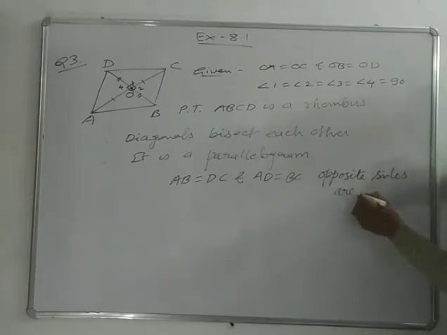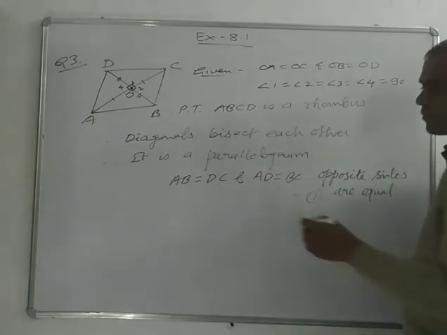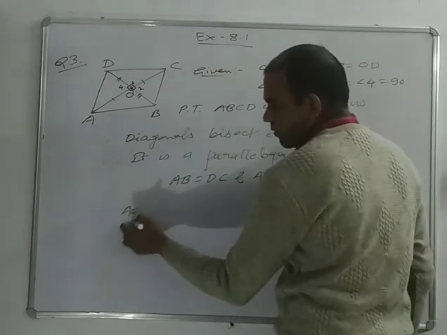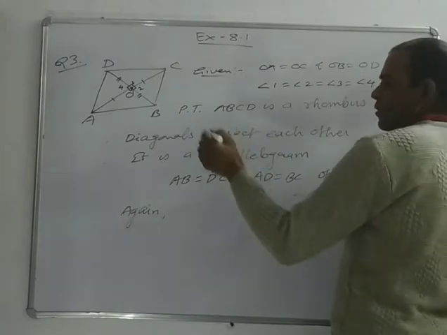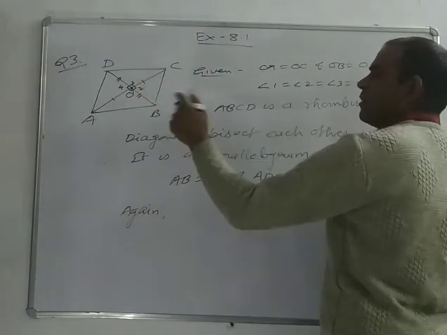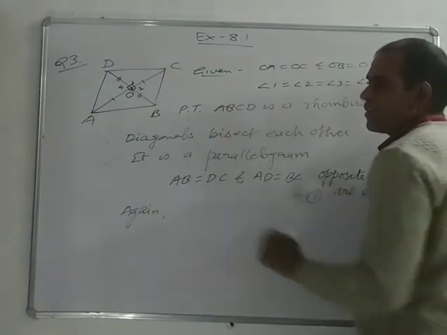Opposite sides are equal. Equation first. Again, for it to be a rhombus, we should prove adjacent sides are equal, AB equal to BC.